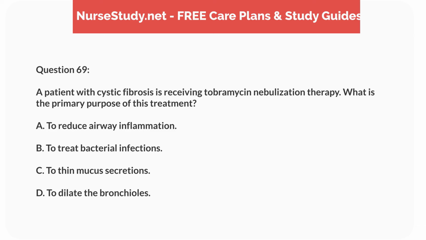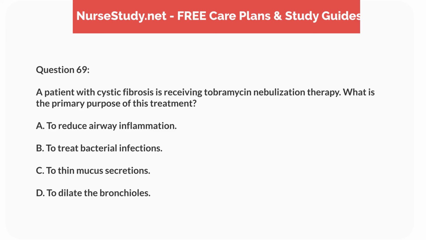Question 69. A patient with cystic fibrosis is receiving tobramycin nebulization therapy. What is the primary purpose of this treatment? A. To reduce airway inflammation. B. To treat bacterial infections. C. To thin mucus secretions.